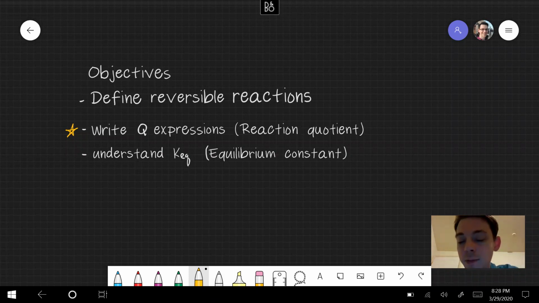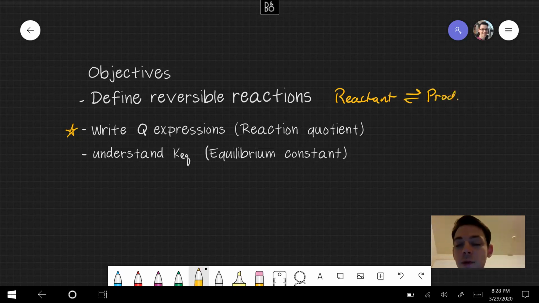I didn't mention this, but I did write it down: they're noted with a double arrow between reactants and products, where reactants form products and products form reactants. This double arrow indicates a reversible reaction.